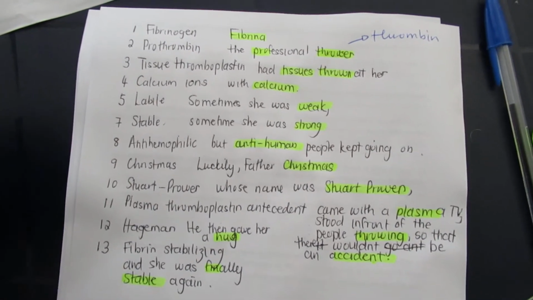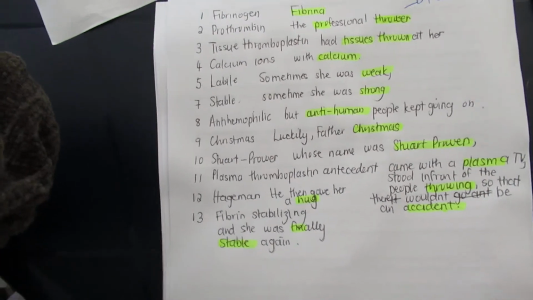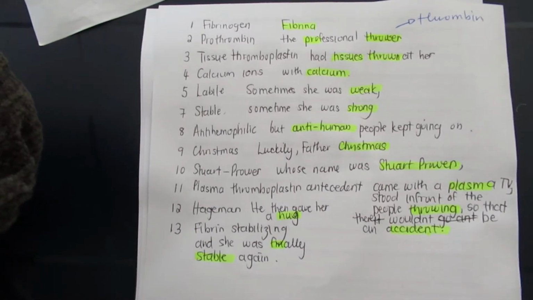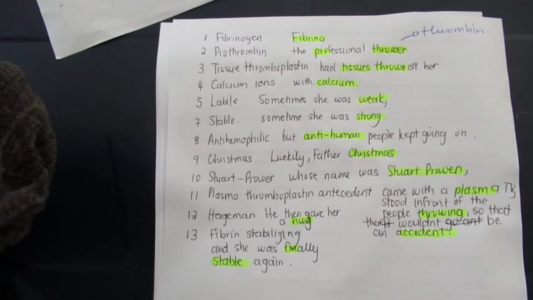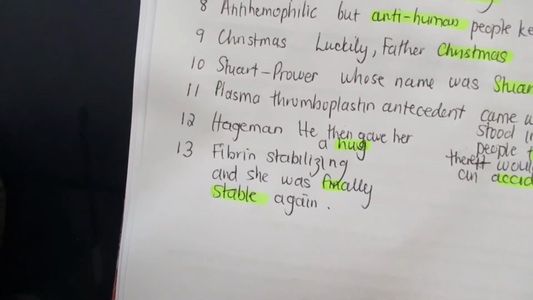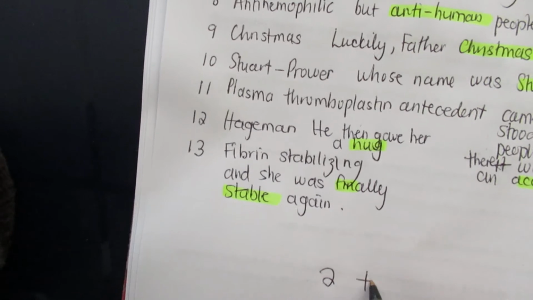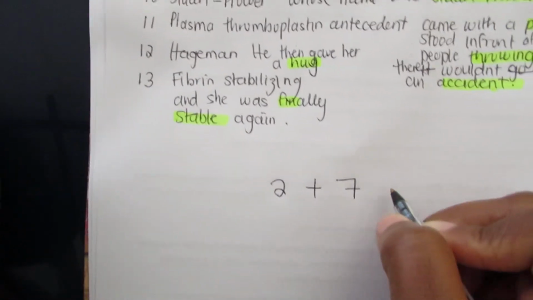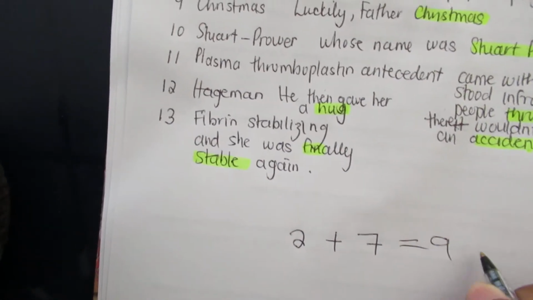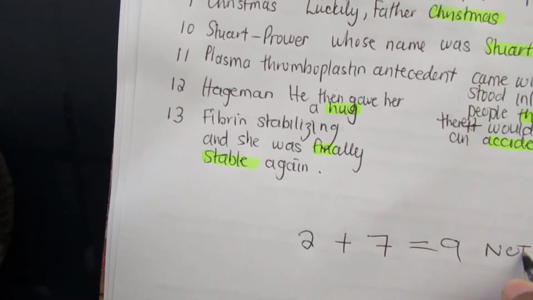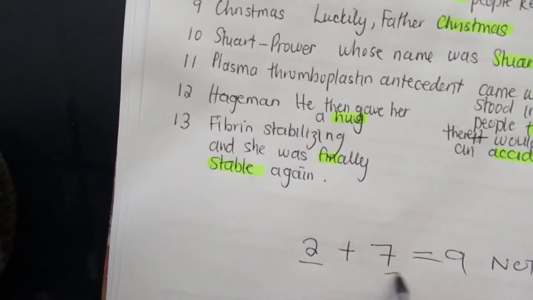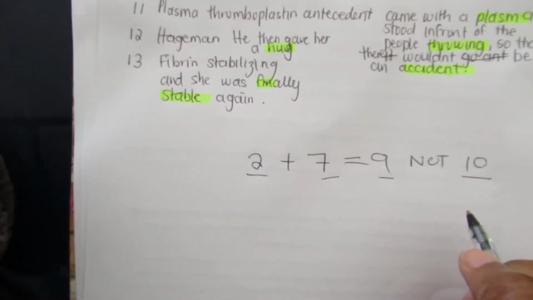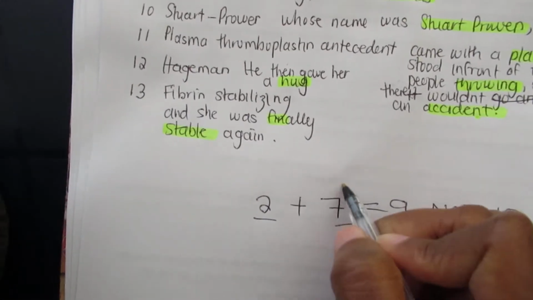Now a lot of times they also ask us what factors are vitamin dependent, and that's quite easy to remember because 2 plus 7 will give you what? 9 and not 10. These are your vitamin K dependent factors.